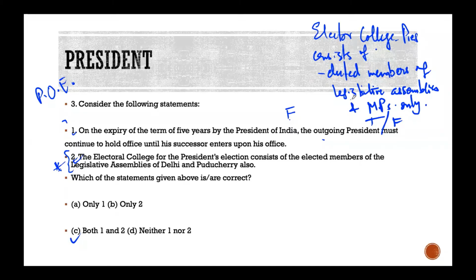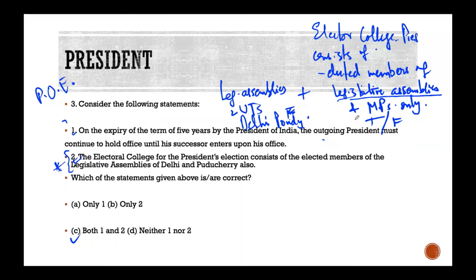So I mentioned legislative assemblies. Okay, fine. If you felt it has to be mentioned again, it is the legislative assemblies of your two union territories, Delhi and Pondicherry or Puducherry. So the answer, depending upon what it is, for this one is going to be true.